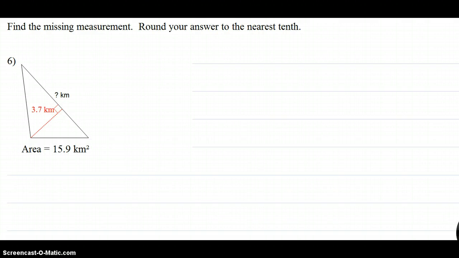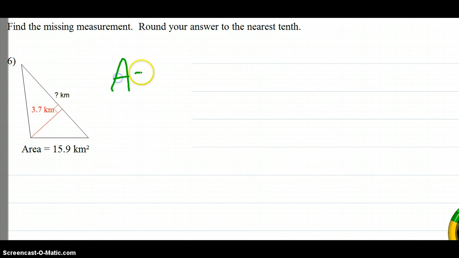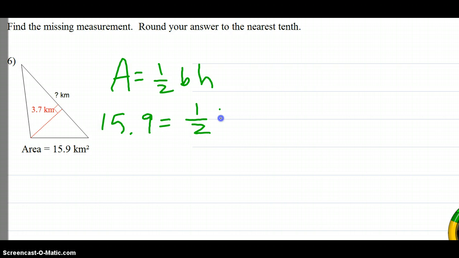On the next couple, what I've done is I've given you the area, and you have to go find a missing leg. So with this triangle, we have area equals 1/2 base times the height. We're given the area, and we're asked to find the base. So we don't know what base is, and we know the height of this thing is 3.7.